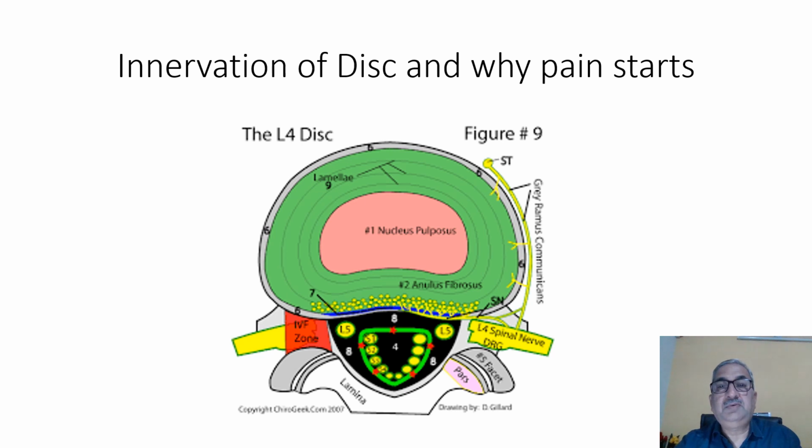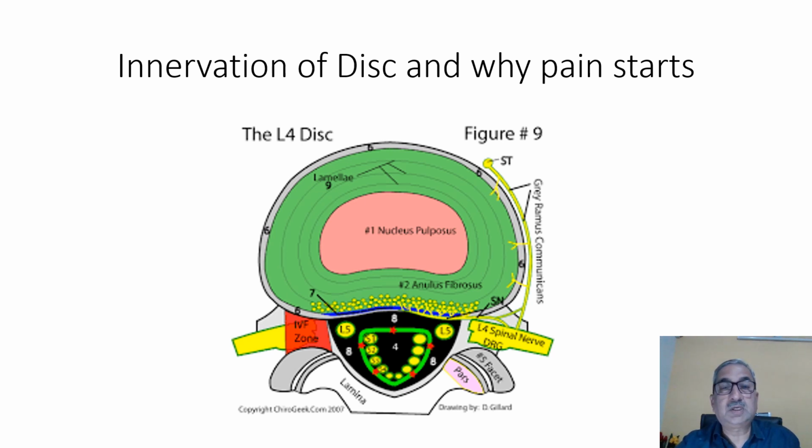First of all, I feel you must pay attention to the anatomy and the innervation of the disc. What you see in the picture is the disc. The green surrounding is called the annulus fibrosus. It's a tough fibrous structure which protects the inner soft nucleus pulposus so that it doesn't come out.